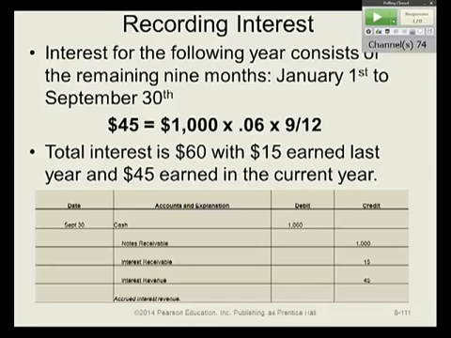Okay, so that is the maturity value of that note. And the entry that you would make, which I'll put up on the screen in a second, would collect the $1,060.